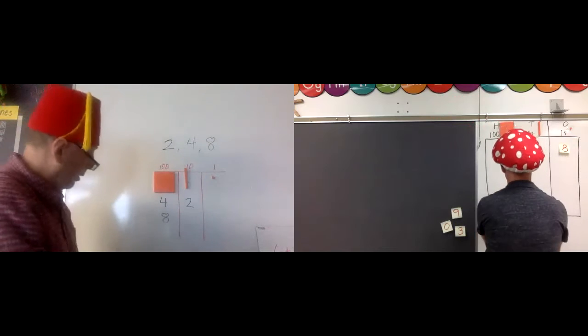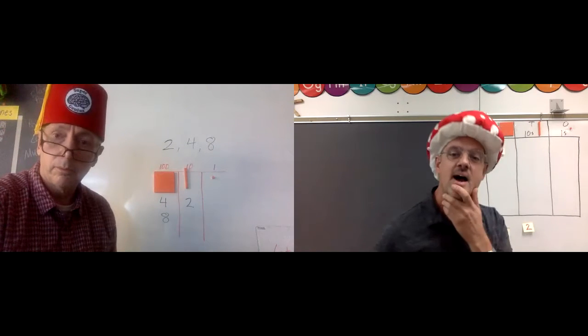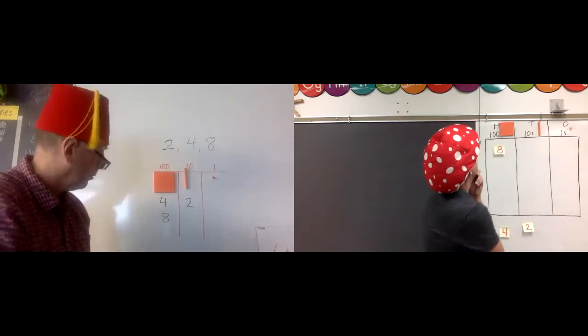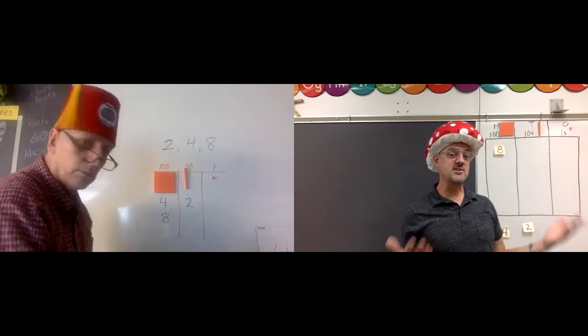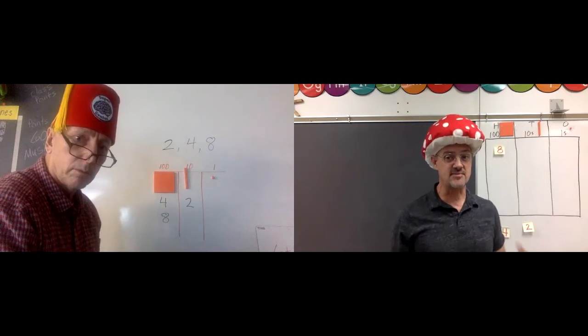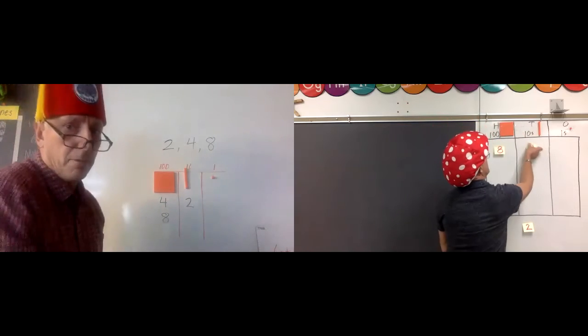Okay, what do you want to do with the 4 and the 2? Well, let me look. Those are bigger than those, so I think I should use the next biggest digit of the 4 or the 2. You're a real thinker, Mushroom Man.